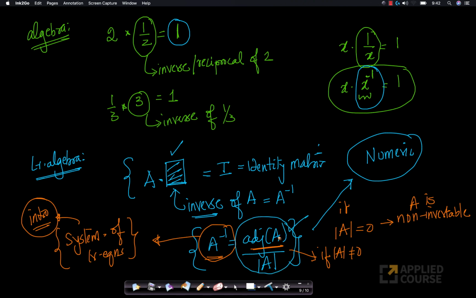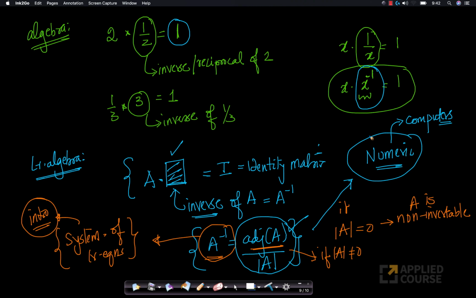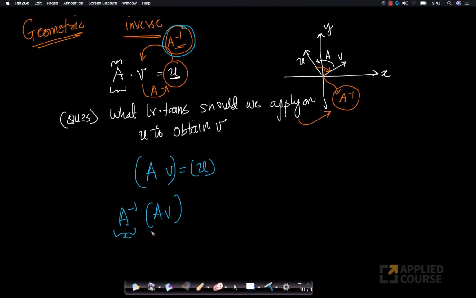This is how you numerically calculate the A inverse. Today most of this numerical computation is done by computers using very powerful and elegant algorithms. While some textbooks force you to solve it manually, in the real world we often solve this using computers and not by hand.